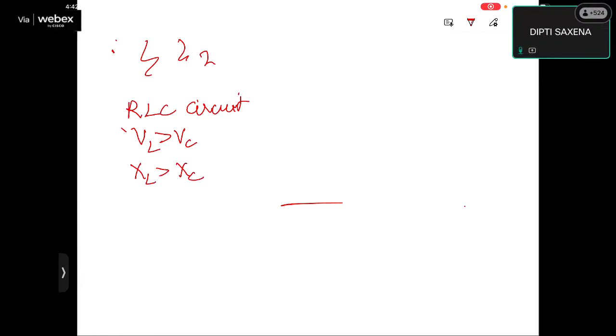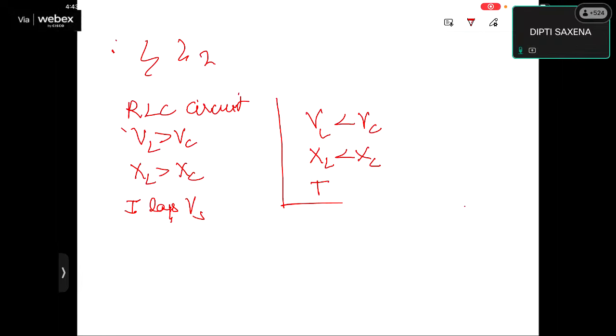In this case, the current lags Vs, and in the second case, if VL is less than VC, that is XL is less than XC, then the current leads Vs.